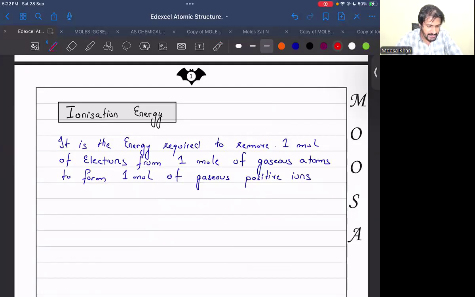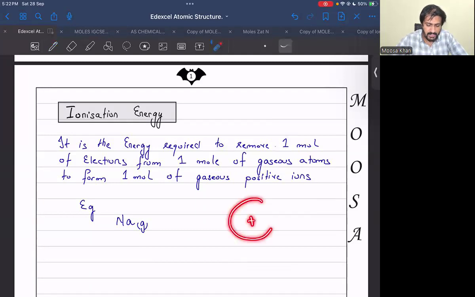If I need to write this in equation form, let's first take an example of a sodium atom, but we have to start from the gaseous sodium atom. How does heating cause it to form an ion? Vedha is asking, how can heat just remove the electron? Because any atom's nucleus is positively charged, it is holding the electron. If we start heating these electrons, what happens?